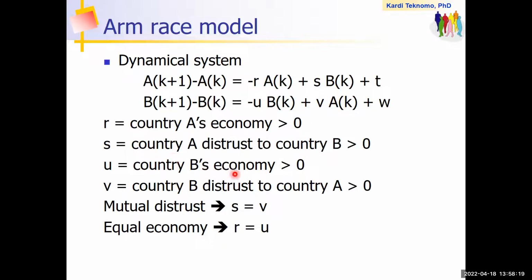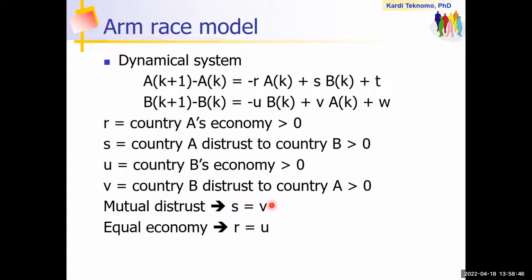Now U again is the economy of country B, of course must be positive. And then V here is the distrust of B toward country A. Again, a utility, so you can just put any positive value. So we know that this is mutual distrust. That is the assumption, right?